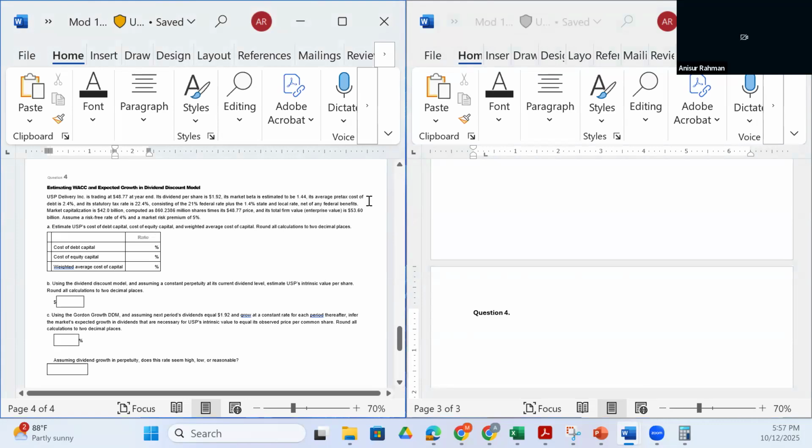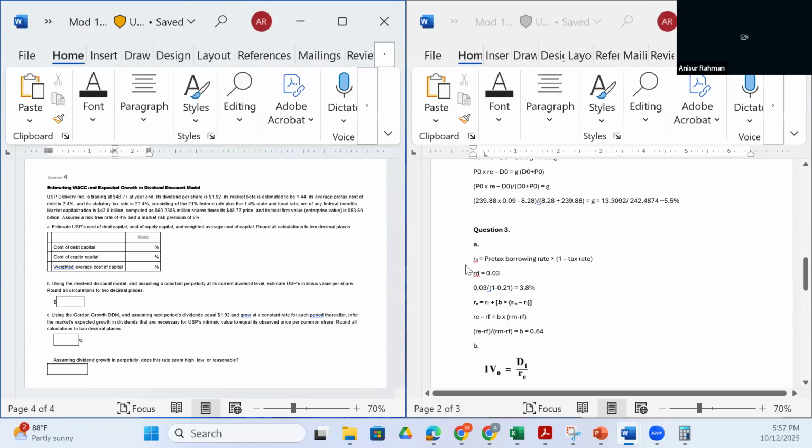Dividends, market beta, average pre-tax cost of debt, statutory tax rate, market cap, price, total firm value, risk-free rate, and market risk premium are given. We have to estimate USP's cost of debt capital, cost of equity capital, and weighted average cost of capital, rounded to 2 decimal places. So for cost of debt capital, we have already seen this formula.